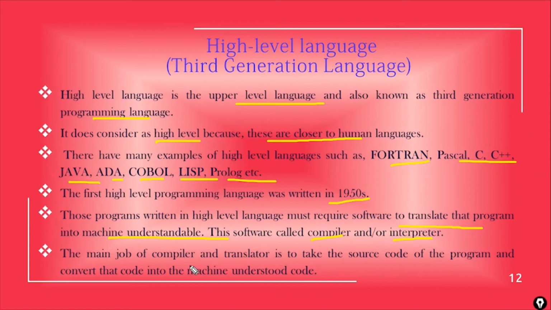The main job of the compiler and the interpreter is to take the source code of the program and convert that code into machine understood code. So compilers, interpreters or any other translators can be used to translate the user code into machine understood code.